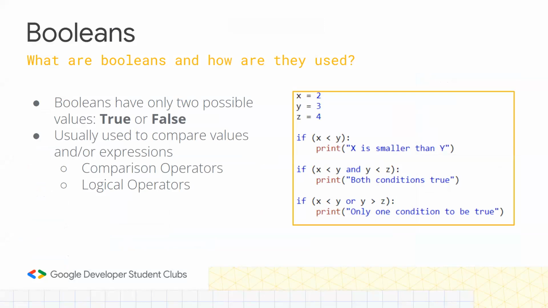If you want to call them 1 or 0, sure, but this is capital T, capital F. Like in Java it's small t, but in Python, capital T, capital F represents true and false. They're usually used to compare values and expressions, and they can be used with comparison operators or logical operators.